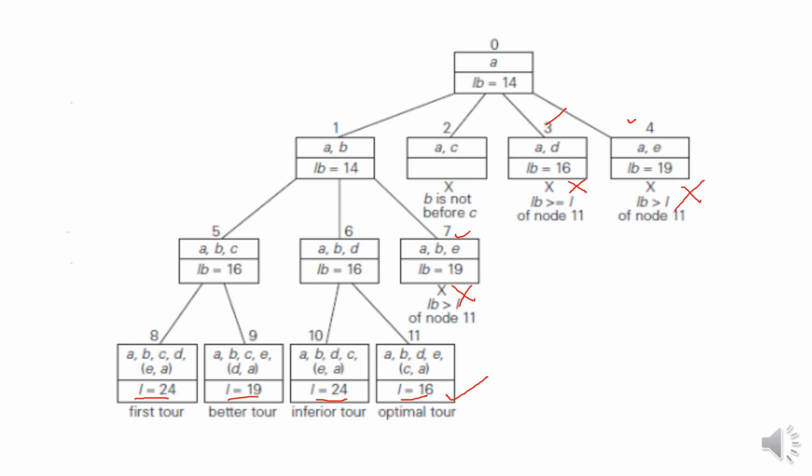So this is also terminated. So we get the best solution, that is the salesman needs to go from city A to city B, then to the city D, then E, last to city C, and then return back to the city A, and the length of the tour is only 16.